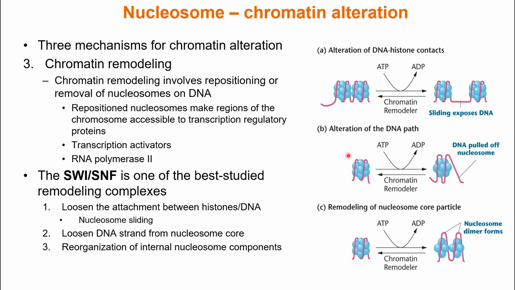So instead of being wound, in this case, rather tightly, we can pull some of this off, and now it's more accessible. So that loosens the DNA. And then we can also reorganize the nucleosome. We can take these histones and put them into two dimer forms, which again gives us more DNA that's accessible.